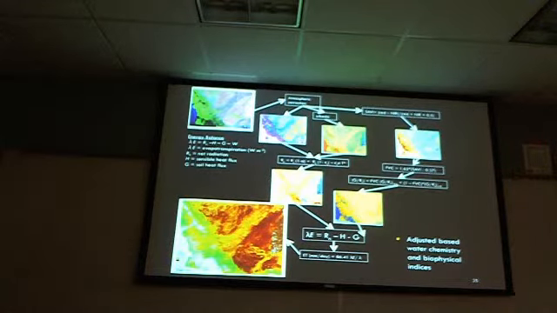This is a model I built up. I know this is a little busy, but essentially we start with the original image directly from the USGS website. We do an atmospheric correction, and we get temperature directly from the image.